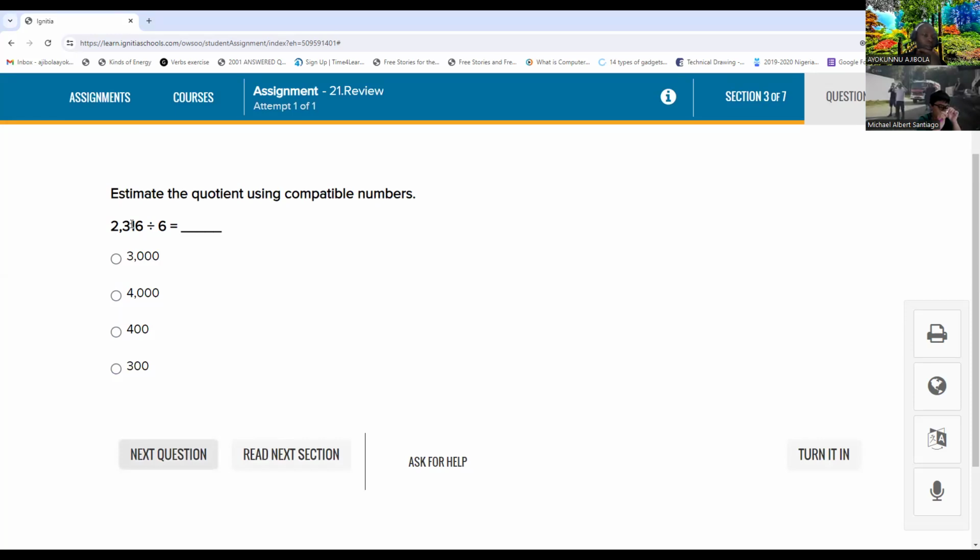Here, this is 23. 24 is compatible with 6, right? Yes. So we can say 24 divided by 6 is 4. Then we have 2 zeros. Is that clear?